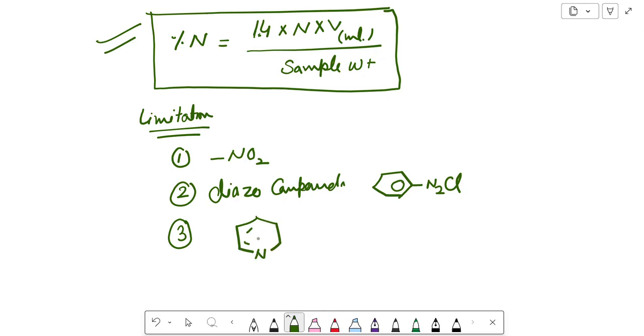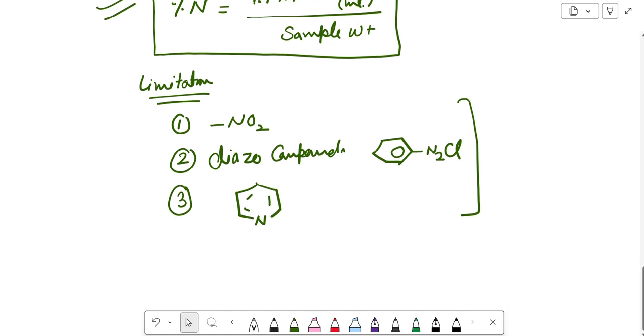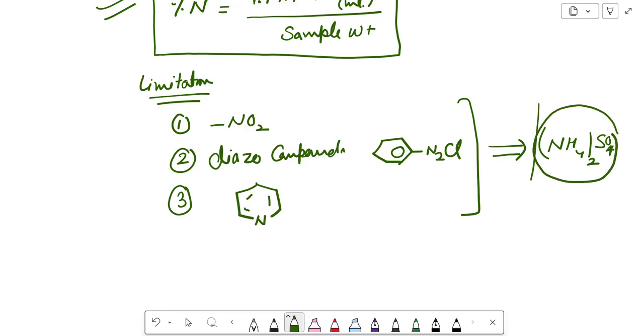So when nitrogen is present in the ring, then nitrogen percentage cannot be calculated because these compounds are not able to form ammonium sulfate. They cannot be converted into ammonium sulfate using these reaction conditions. That's why they cannot release the ammonia.